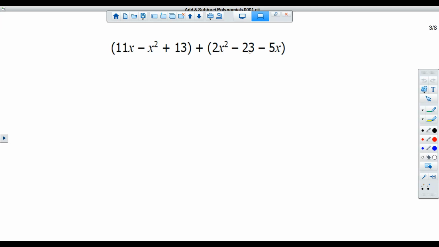Okay, now here's what you need to know. And let's see, I think I'll write that right down here. We're going to learn to add and subtract polynomials.